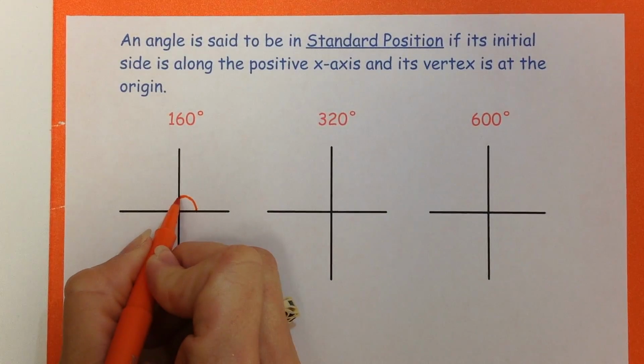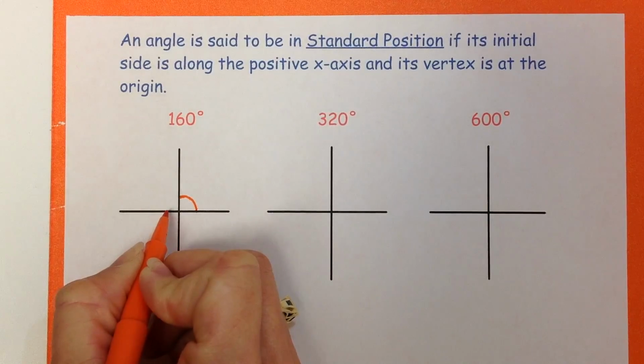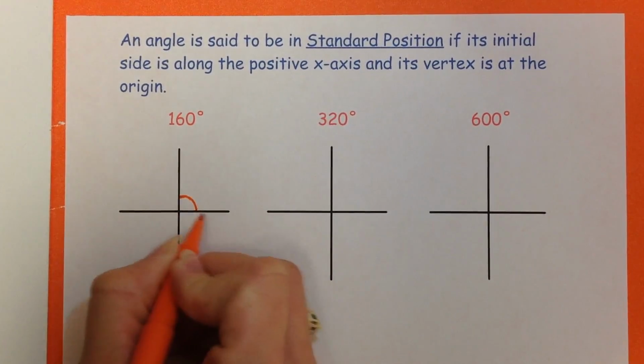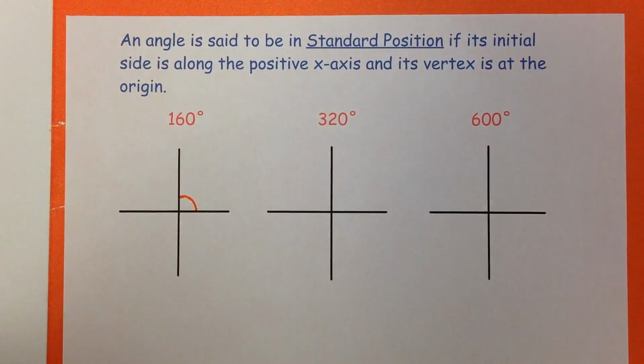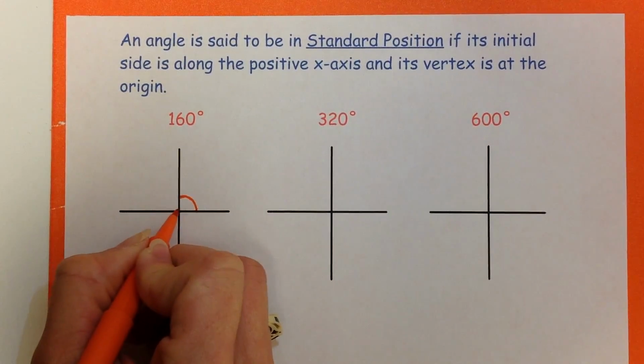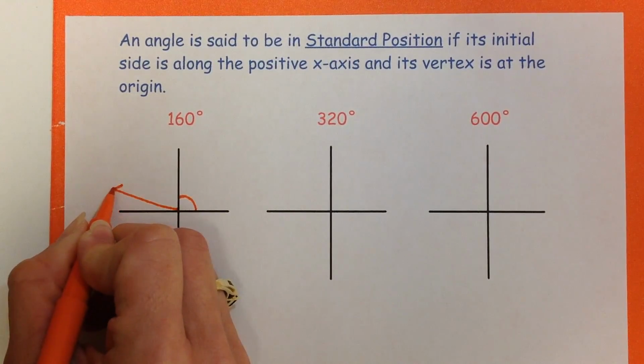So from here to here is 90, and we're going to estimate about how much 70 degrees would be. Coming all the way back down would be another 90, and I only need to go 70. If this is my initial side where I started, you're going to have to draw in the terminal side where you're going to stop. If I go another 70 degrees, we're just going to estimate.